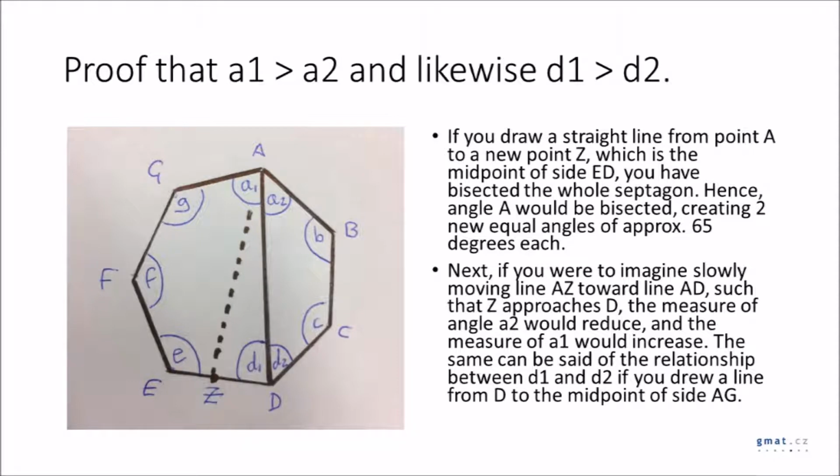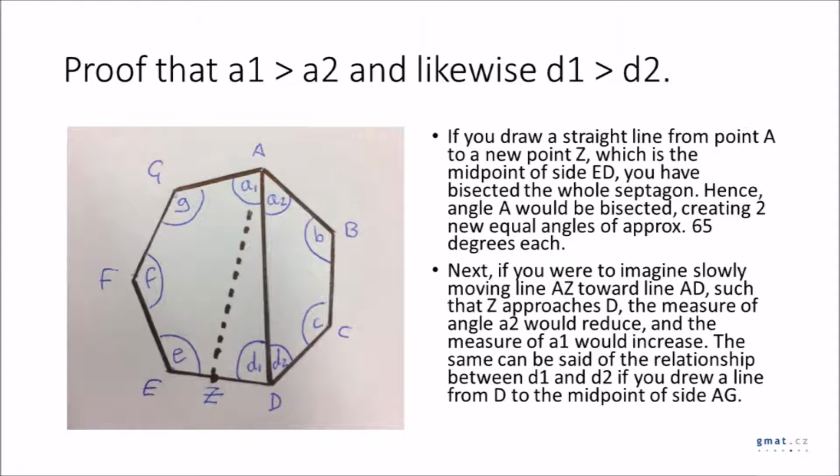If you were to draw a line to bisect, that means two equal parts, the shape from A to a new point Z, which is halfway between E and D, you have bisected the whole septagon. Hence, angle A would be bisected itself, creating two new equal angles. So in other words, at this point, A1 and A2 are equal because they're bisected and approximately 65 degrees.